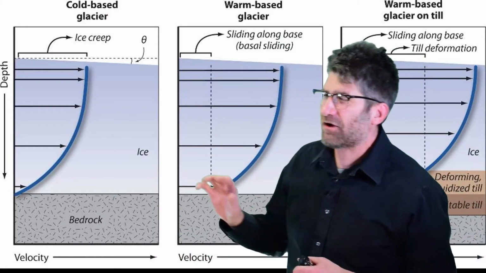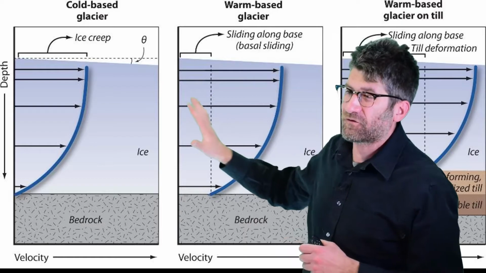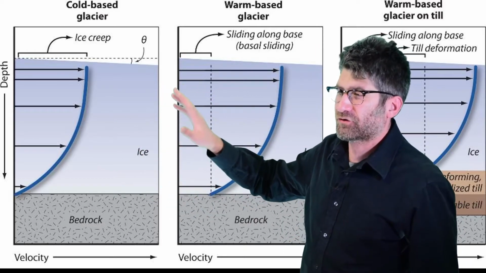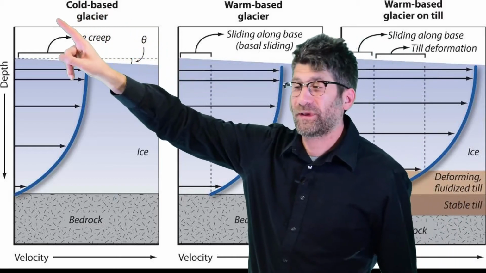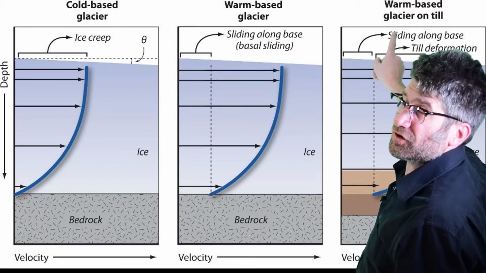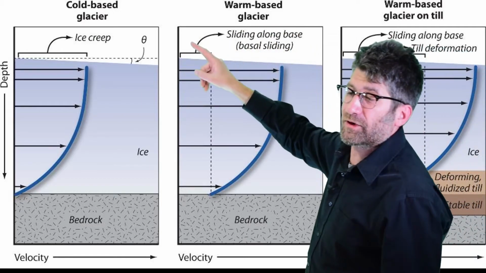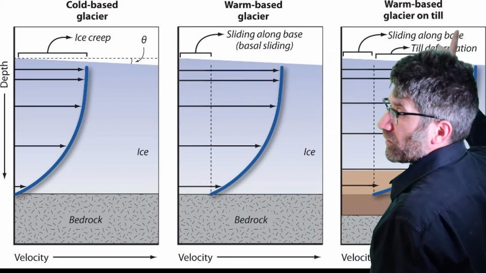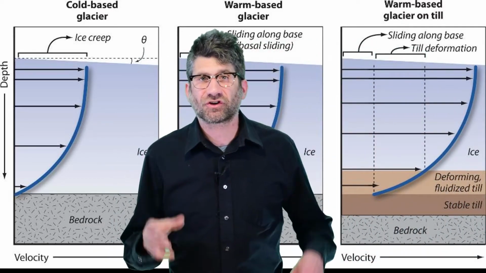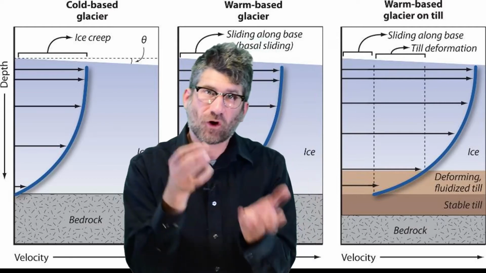How that glacier actually slides is going to be really important depending on a couple of characteristics. We're going to look here at a cold base glacier, a warm base glacier, and then a warm base glacier on sediment. So warm and cold on rock, warm on sediment. A cold base glacier is a glacier where the glacier is actually frozen to the bedrock.